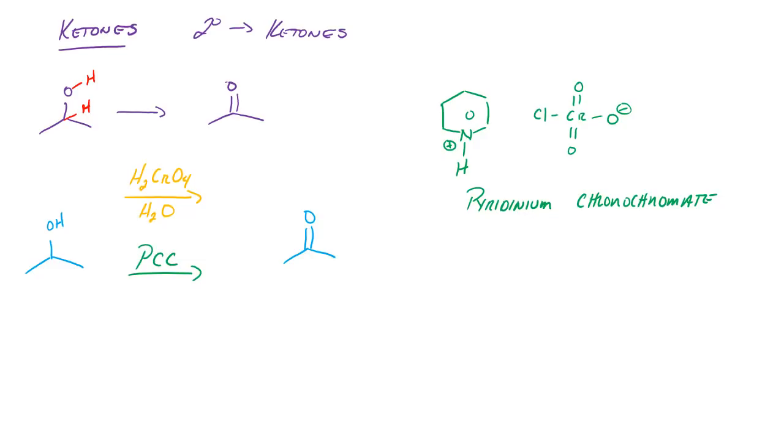Chromium is going to have a specific role in a lot of different reactions, but most of the time what we're going to see chromium used for is these types of oxidation reactions. So if you're on your MCAT or any exam with organic chemistry and you're drawing a blank, think that chromium is going to do oxidation. That's usually going to be a pretty good guess of what's going to happen with any type of chromium salt.